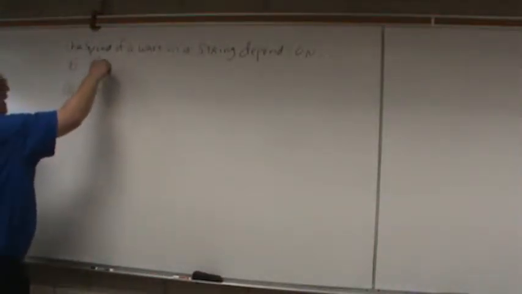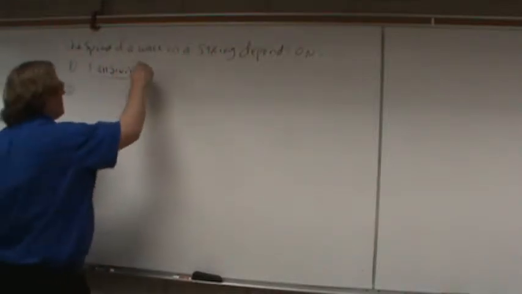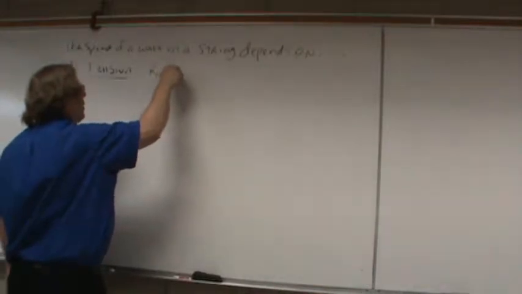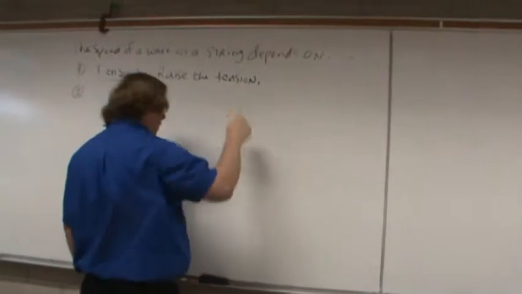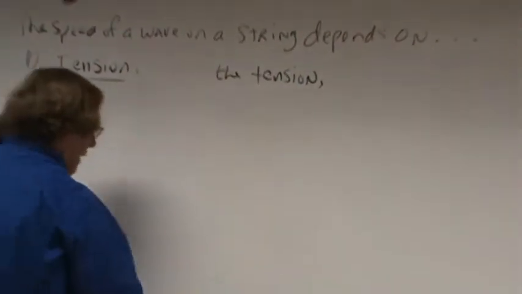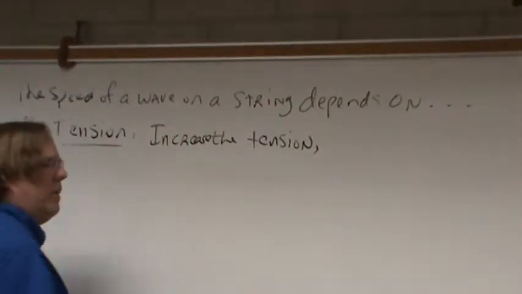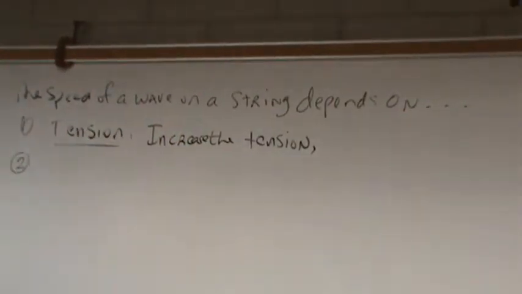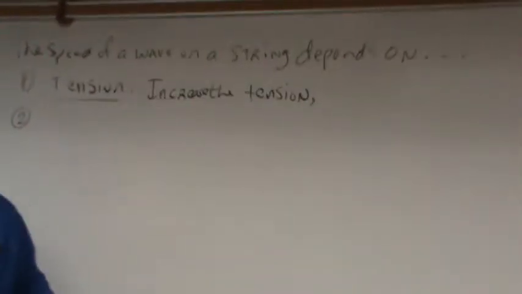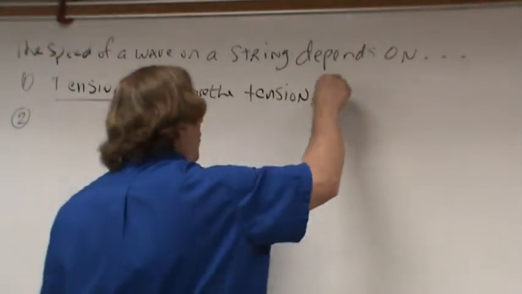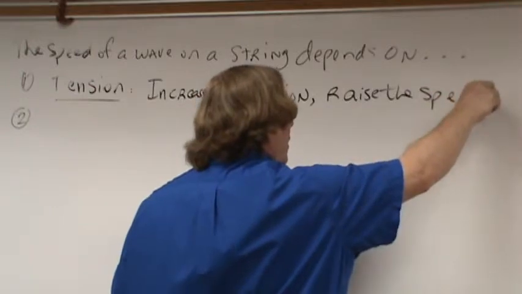The first thing is tension. If you increase the tension, then what do you do to the speed of the disturbance, the pulse? You increase the speed.